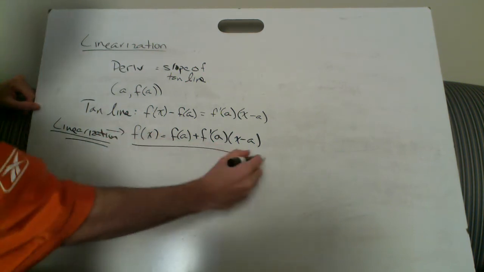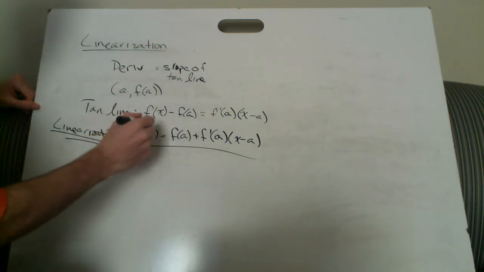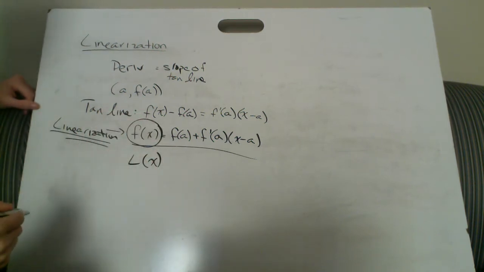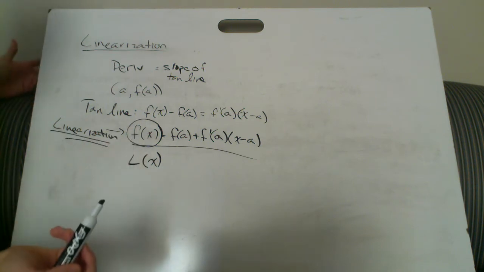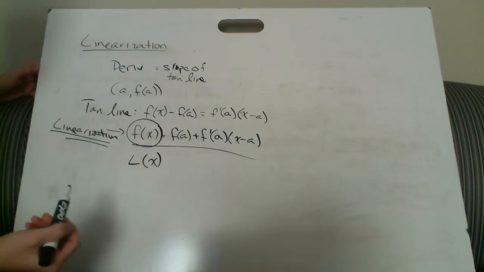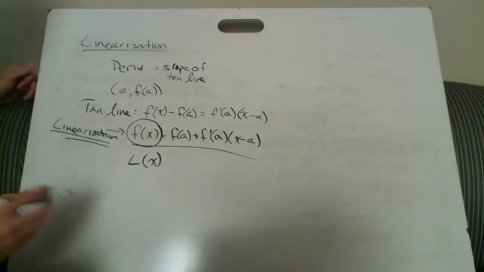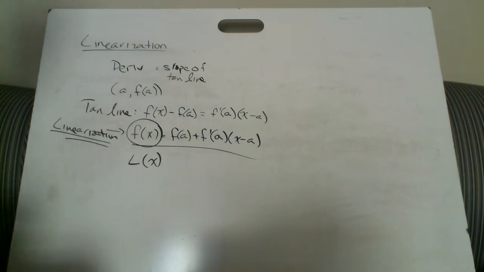Well, here's our line that approximates the function. Occasionally, instead of f(x), you'll see this written as L(x), because f is probably our function, L is the linearization of that function. So that's the notation that we're going to use. And we'll see in a moment why this is particularly helpful for us for approximations.